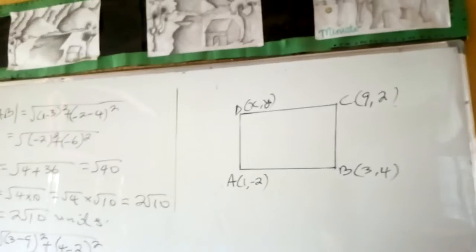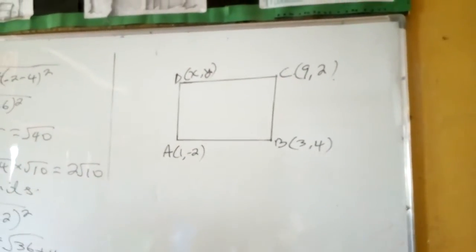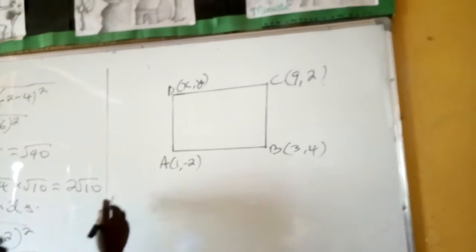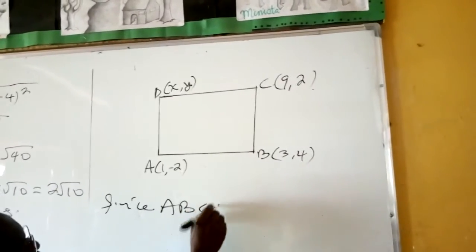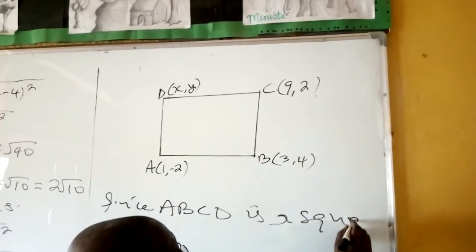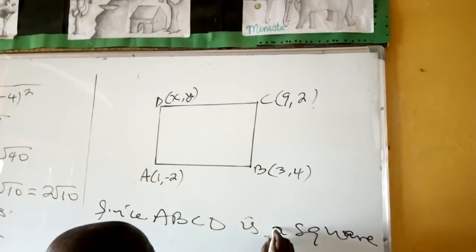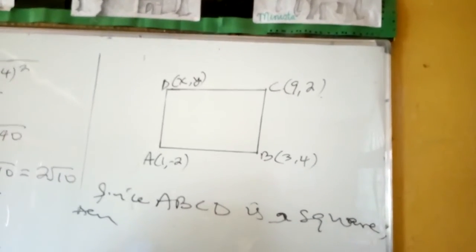That is my point D. Now, since ABCD is a square, then the opposite sides are equal.